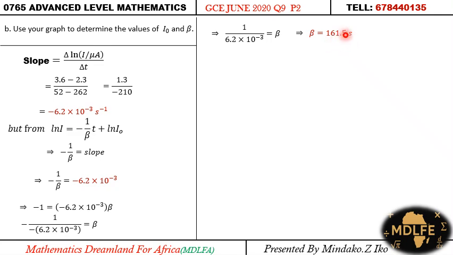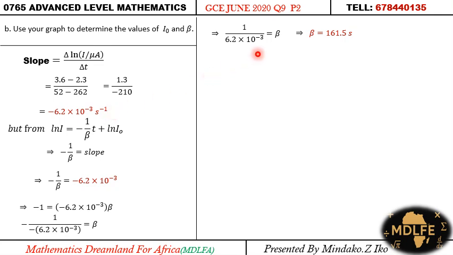Why is this seconds now? We know that our slope was per second, so if this value now comes again in the denominator, this per second will cancel the other per second. It's going to be seconds, not per second again.